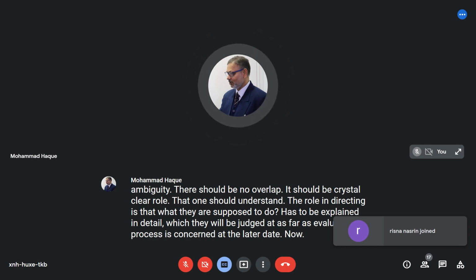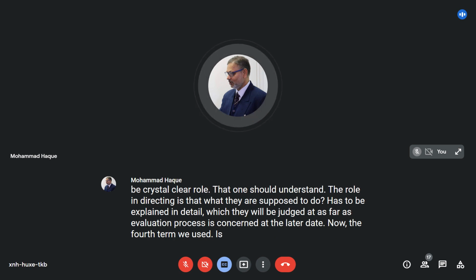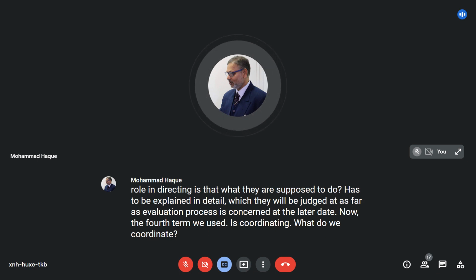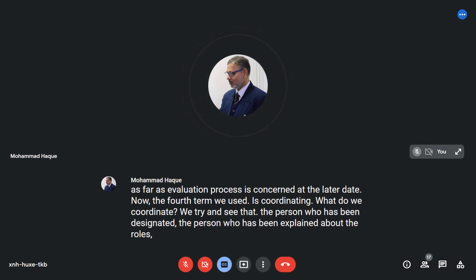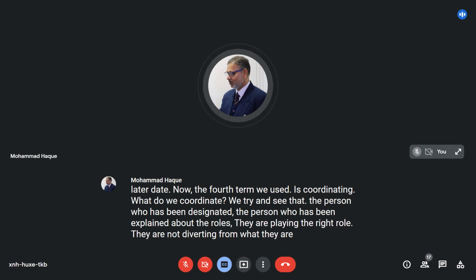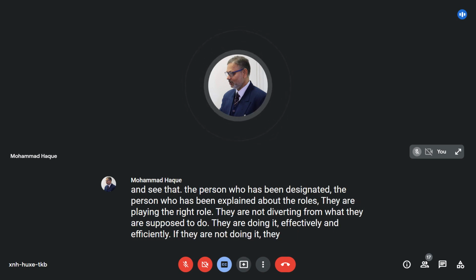Now, the fourth term we used is coordinating. What do we coordinate? We try to see that the person who has been designated, the person who has been explained the roles, is playing the right role. They are not diverting from what they are supposed to do. They are doing it effectively and efficiently. If they are not doing it, they are going to be corrected.